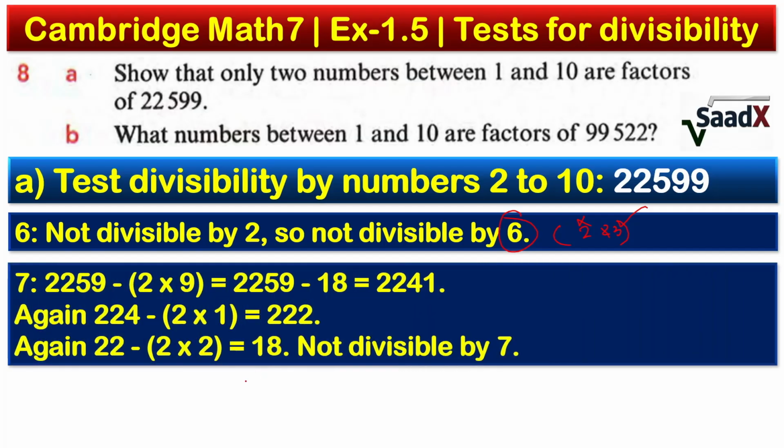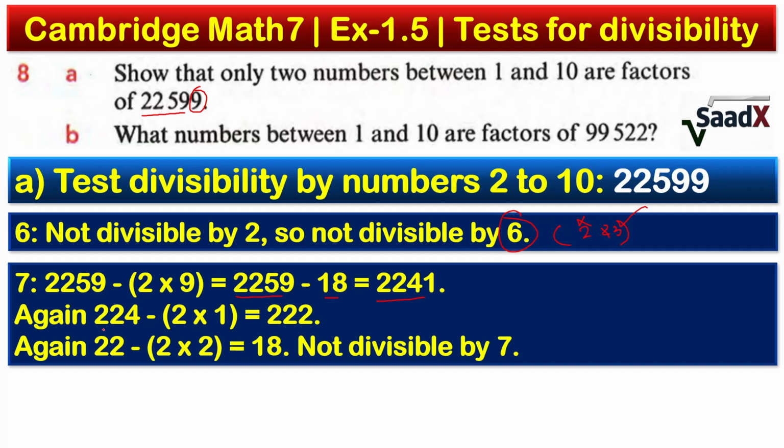7. It's a very interesting thing. In the last video, we learned how to find out whether a number is divisible by 7 or not. We double the last digit. Our number is 2259 and the last digit is 9. So 2 times 9 is 18, and 2259 minus 18 is 2241.